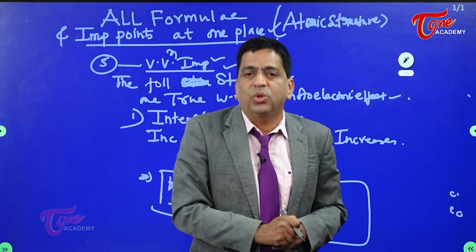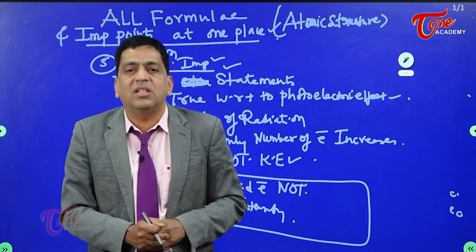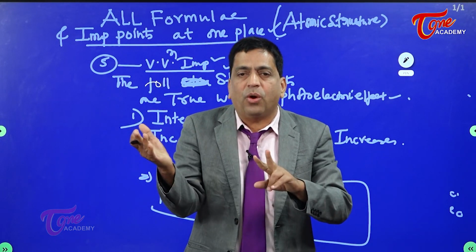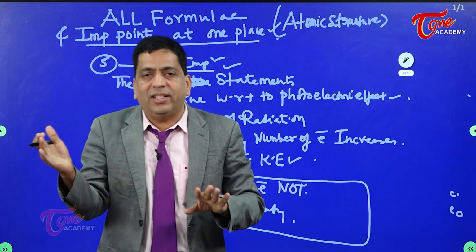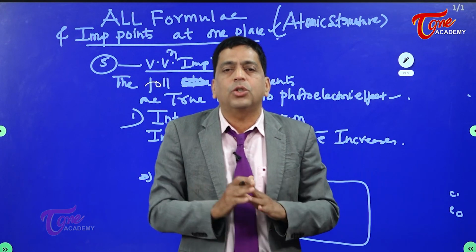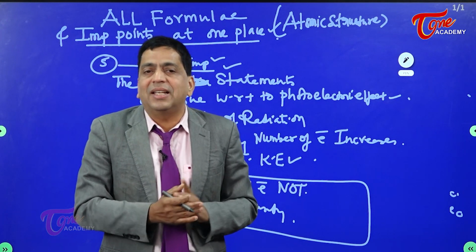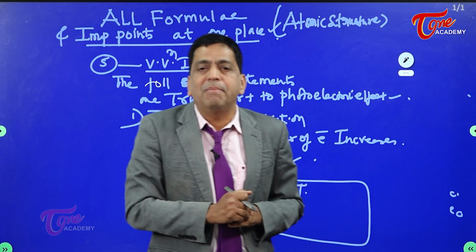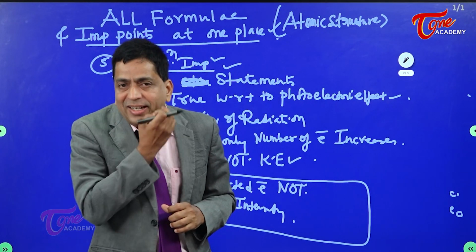Because when you increase the intensity, one photon will strike out one electron. Two photons strike out two electrons. Three photons strike out three electrons. Or 100 photons will strike out only 100 electrons. But what is common in all this is that all these electrons that are ejected will have the same kinetic energy. You must be understanding it, right?